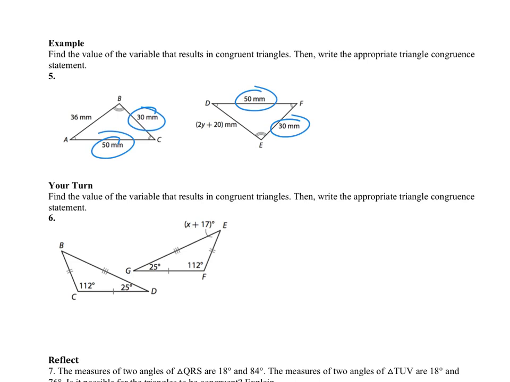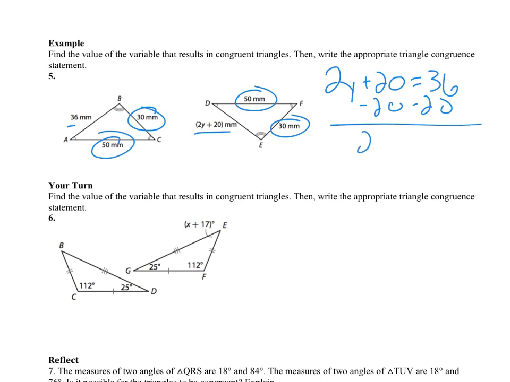So then if these were to be congruent triangles, 2y plus 20 would have to fit with 36. So we can say 2y plus 20 equals 36. Subtract the 20. 2y equals 16, divided by 2, and y equals 8.